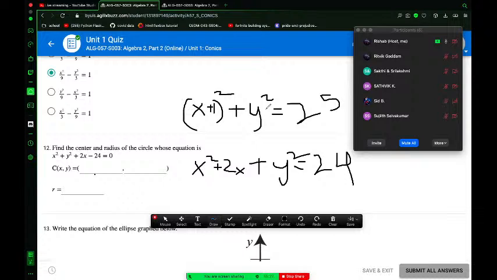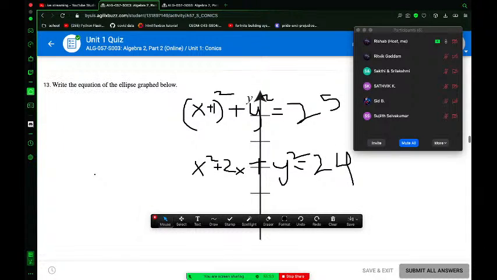But if you're doing a square root, you're trying to find the number that multiplied by itself becomes the number in the square root. So obviously 5 times 5 is 25. So the radius is 5 and the center is negative 1, 0.